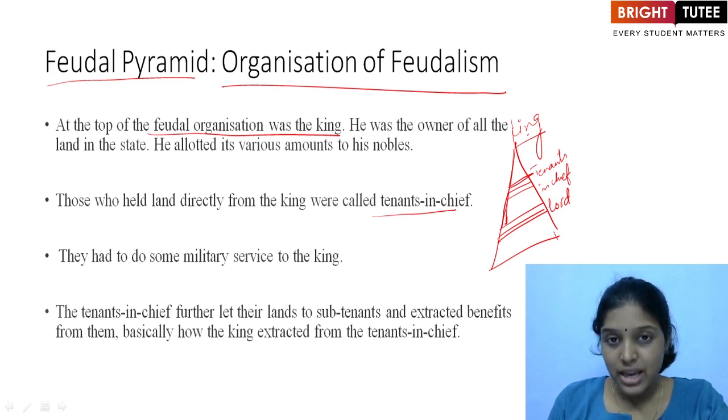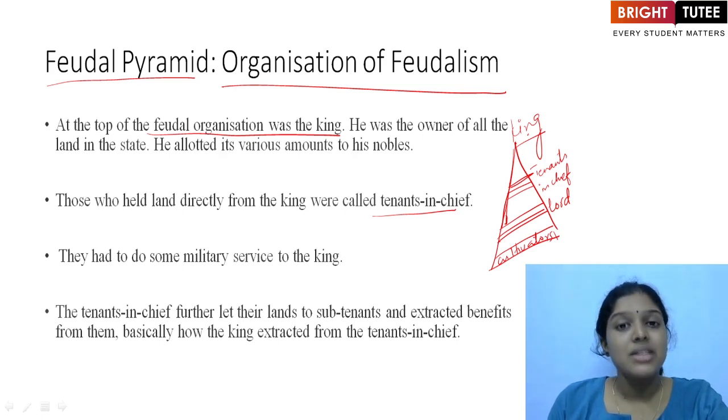And these lords again subdivided the land which they held, and the land finally reached the hands of the cultivators, who were in the last strata, because cultivators could not afford to subdivide the land or give it to another tenant.